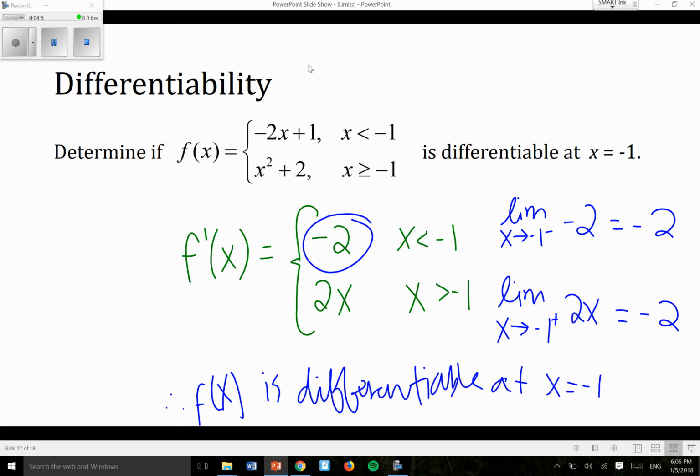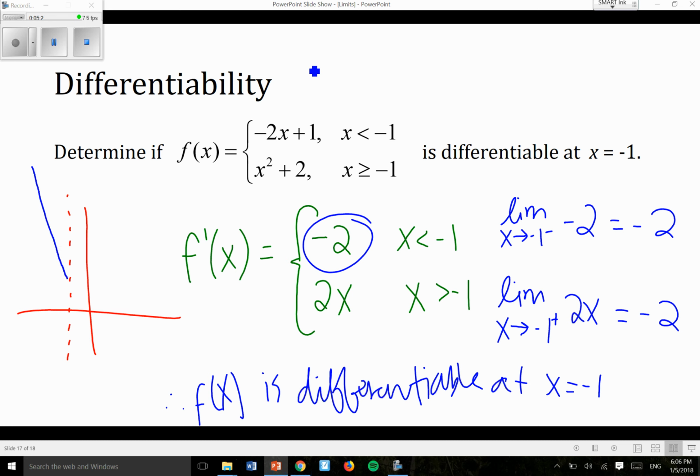I want to draw a quick picture of this so you can see it. We have a line on one side and a parabola on the other. But it just happens that they hit at the exact right point that their slopes are equal at -1. I'm going to try to do a rough sketch of this. We'll see how it turns out. Here, the point we're looking at is -1. We know on the left-hand side, we have a line with the slope of -2.